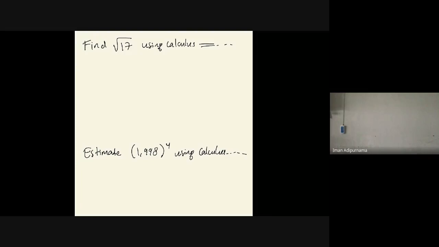Estimate both of these cases using calculus, meaning do not use any calculator. Try to solve this one.